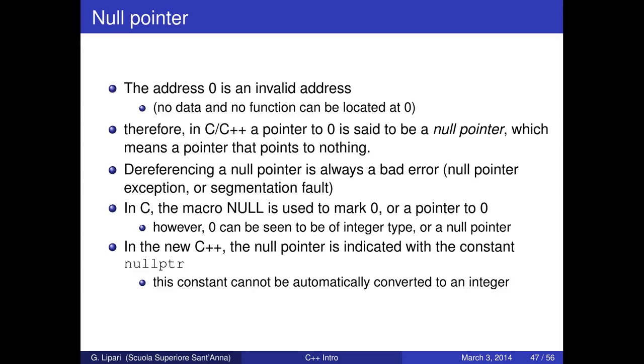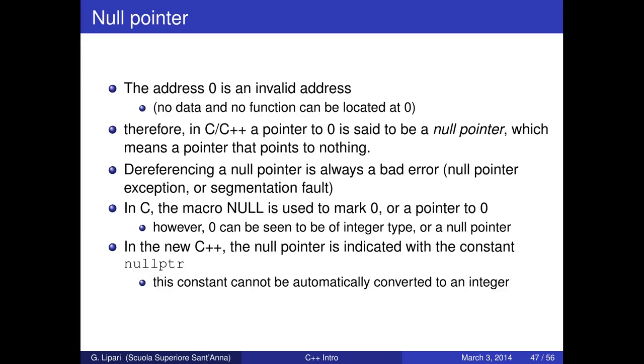In C, you actually use the macro NULL to say 0, or a pointer to 0. The problem with using a macro is that 0 has no type, so it can be an integer, it can be a null pointer, it can be anything.